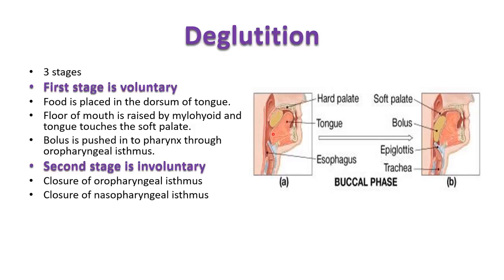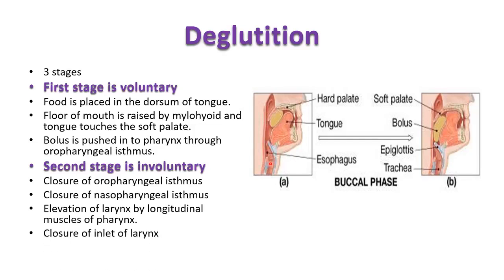Not only that, the styloglossus pulls the posterior part of the tongue upwards, so the food cannot enter back into the oral cavity. Only the food has to enter downwards. When it is entering, it should not enter anteriorly into the larynx. So the whole larynx is elevated, which we saw in that short video, closing the laryngeal inlet, which is done by the longitudinal muscle of the pharynx. So that is the second stage.